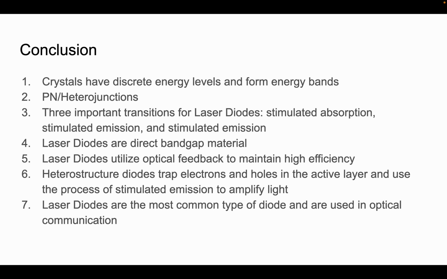Essentially, their goal is to amplify the electromagnetic wave input. And we talked about heterostructure diodes, which trap electrons and holes in the active layer and use it to amplify light. Finally, in the application section, we talked about how laser diodes are the most common type of laser and used in optical communications.